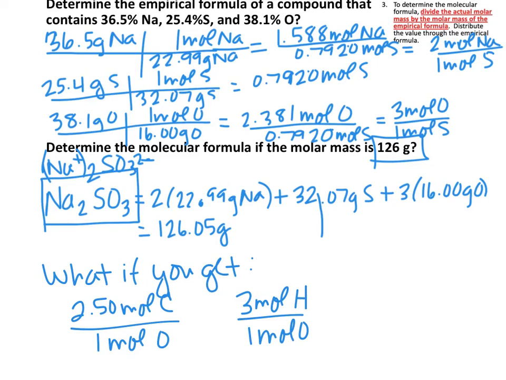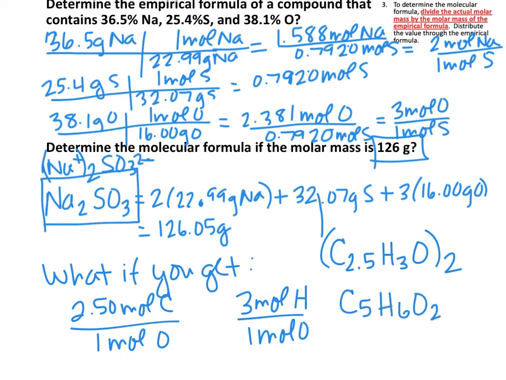So if I use the numbers given, I get C2.5H3O. The problem is I can't have a half atom of carbon, so I really have to get rid of that 0.5. So I'm going to distribute a 2 to get rid of that 0.5. So my actual empirical formula, C5H6O2.